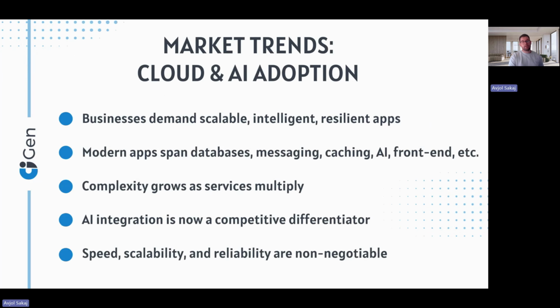First things first, let's start with what is driving the shift. Executives are under pressure to deliver innovation faster and smarter. That means adopting the cloud for scalability and resilience, and embedding AI to stay competitive. But modern enterprise applications aren't just a single service anymore.